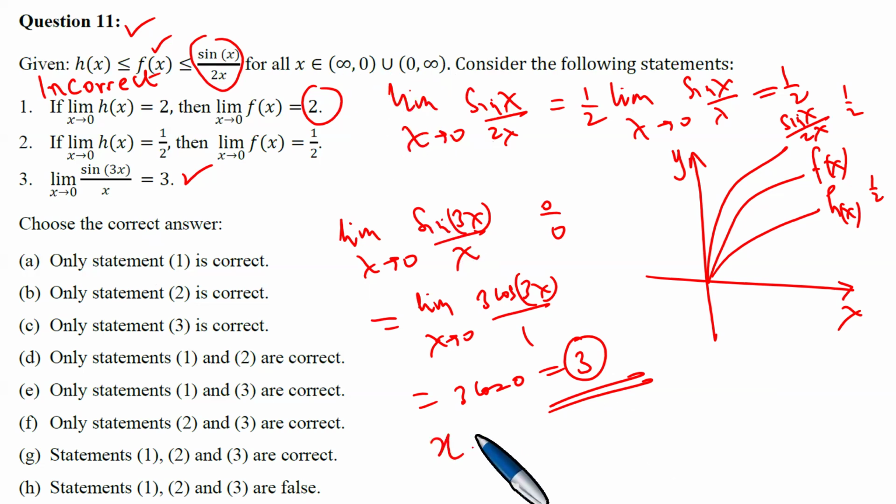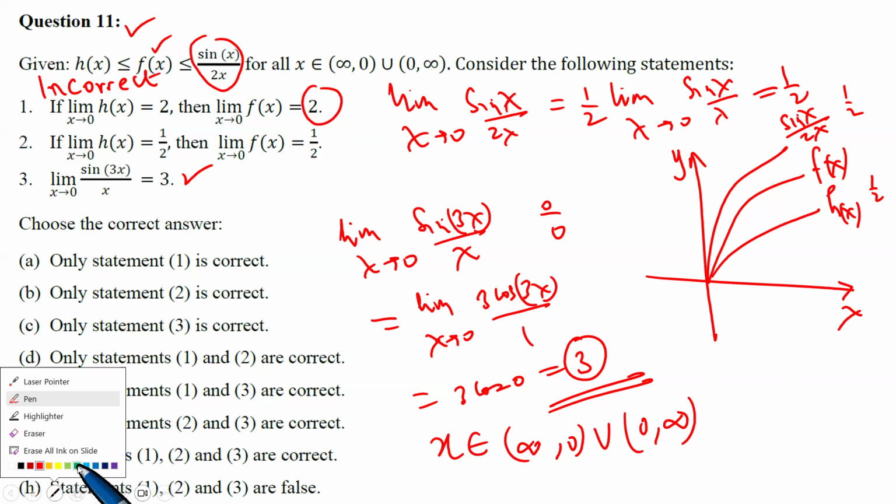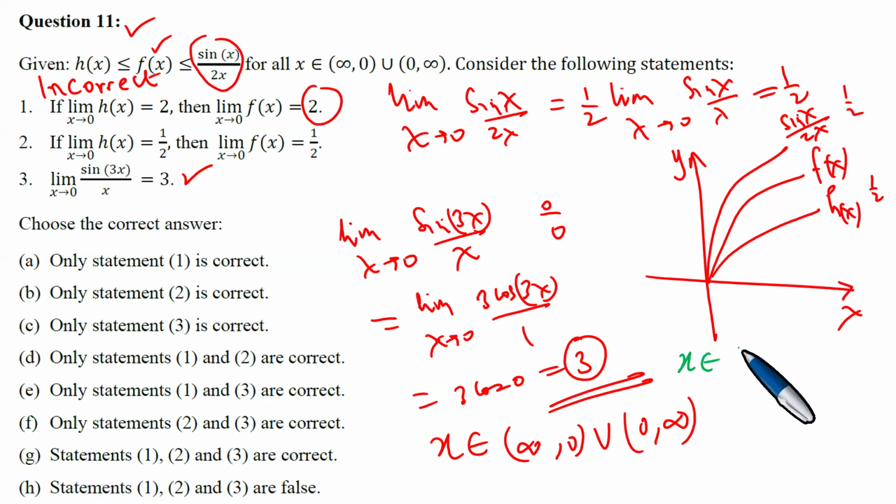If our x is an element of this interval, it is written as infinity to 0 union 0 to infinity. Okay, this is not correct, because this has to be minus. So it has to be x is an element of the interval from minus infinity to 0 union 0 to infinity.